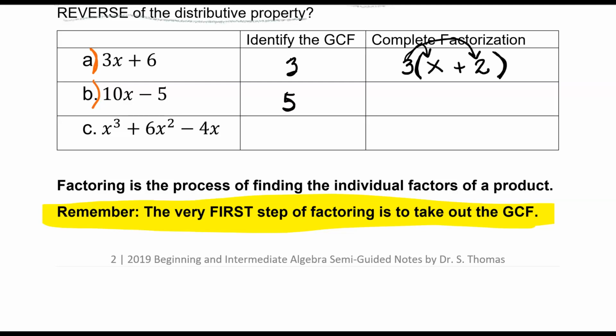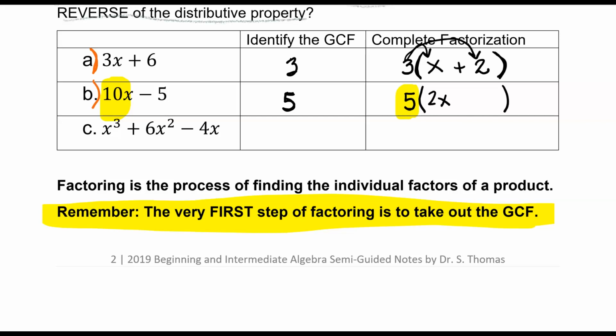So that is the greatest common factor because 5 is the only thing that's in common between the two terms. We write our 5 when we're factoring first. We put a parenthesis and decide what times 5 will give us 10x. It would be 2x, right?